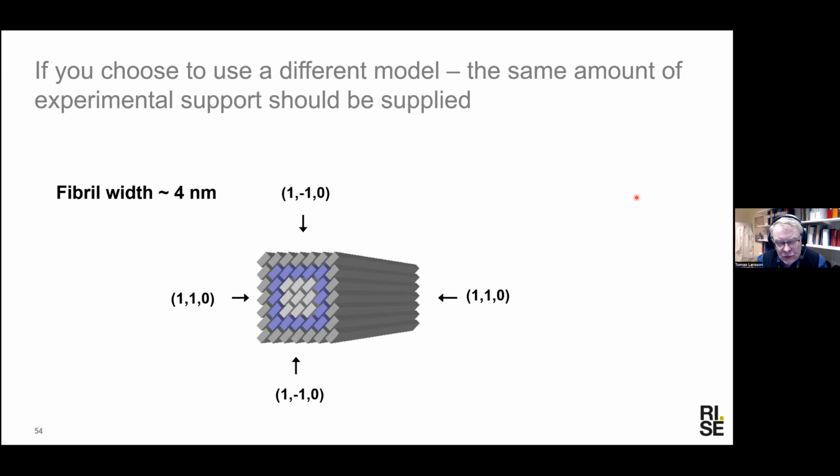So if you want to use some kind of model for cellulose isolated from wood, and want another model than this one, then I think it is reasonable that you should supply the same amount of experimental support for that model as we have done for this model. Otherwise, my recommendation is to stick with this one, because this can explain quite a lot if you use it properly.